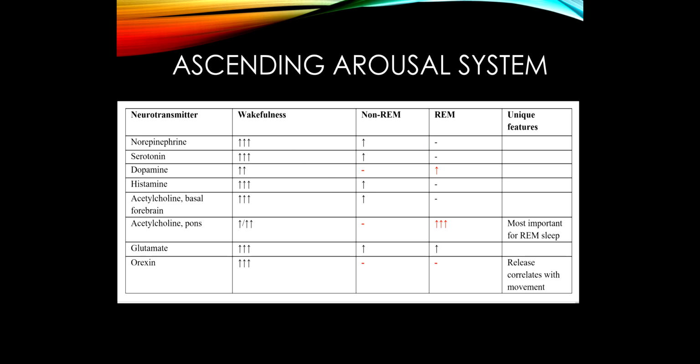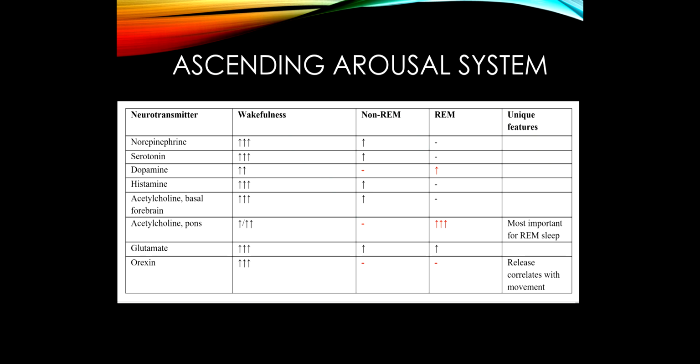I would really highlight here that orexin is extremely important, as we'll discuss in this lecture, produced by the hypothalamus. And notice that it shuts down completely during non-REM and REM sleep. In particular, when we're active, when we're moving, there's a lot of orexin released. If you've ever noticed driving a car when you're drowsy and you shake your leg or tap your hand on the steering wheel, that's very alerting.